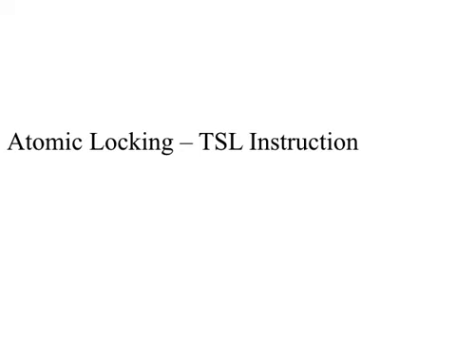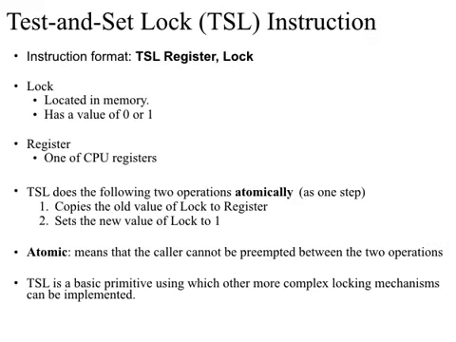Usually there are some instructions that are provided by the hardware to enable atomic locking and unlocking. So one such instruction is the TSL instruction, or the test and set lock instruction. The general format of the TSL instruction varies from architecture to architecture, but the behavior in the most generic form is as follows.